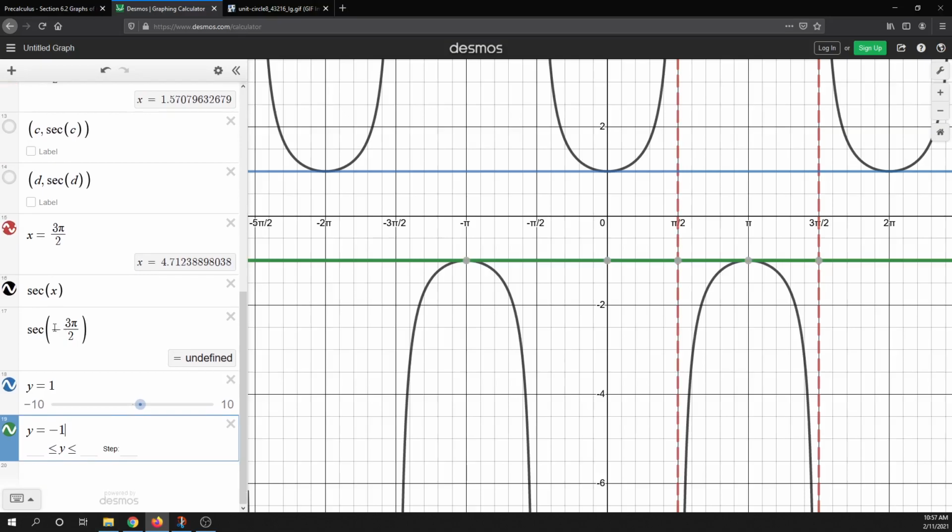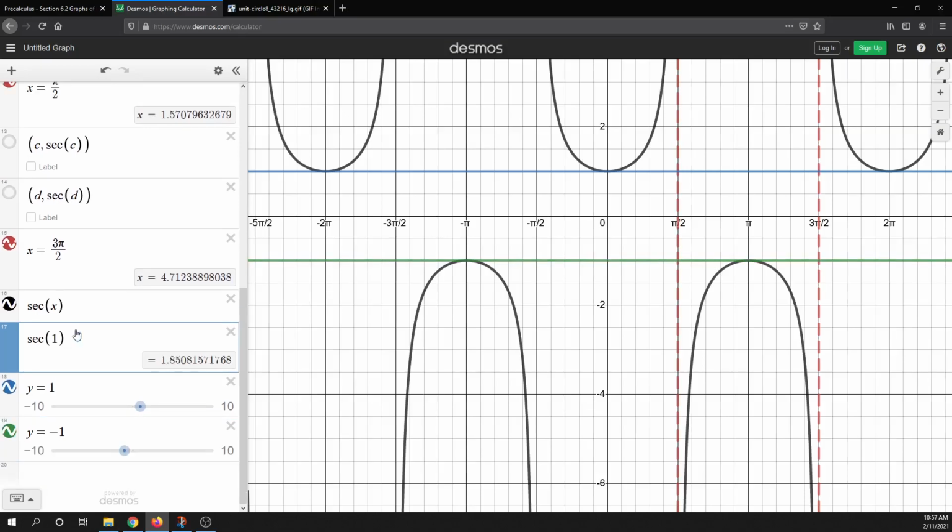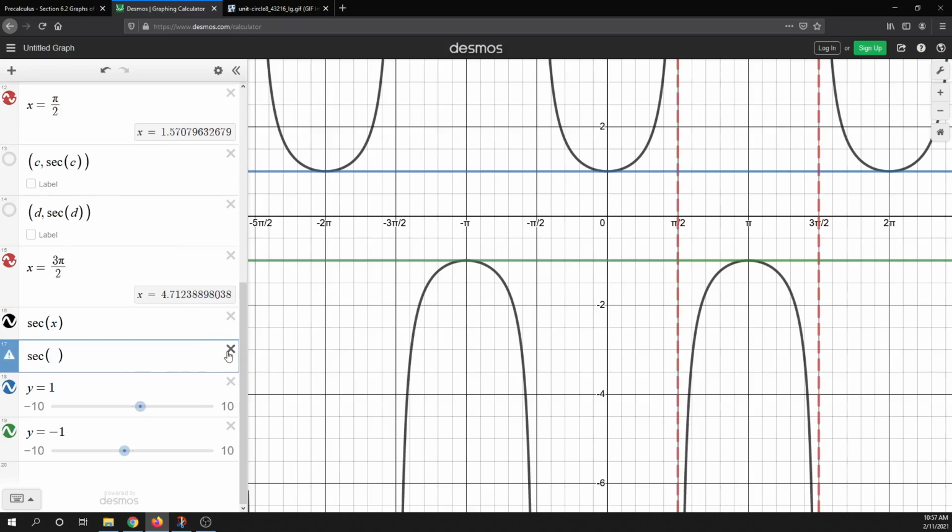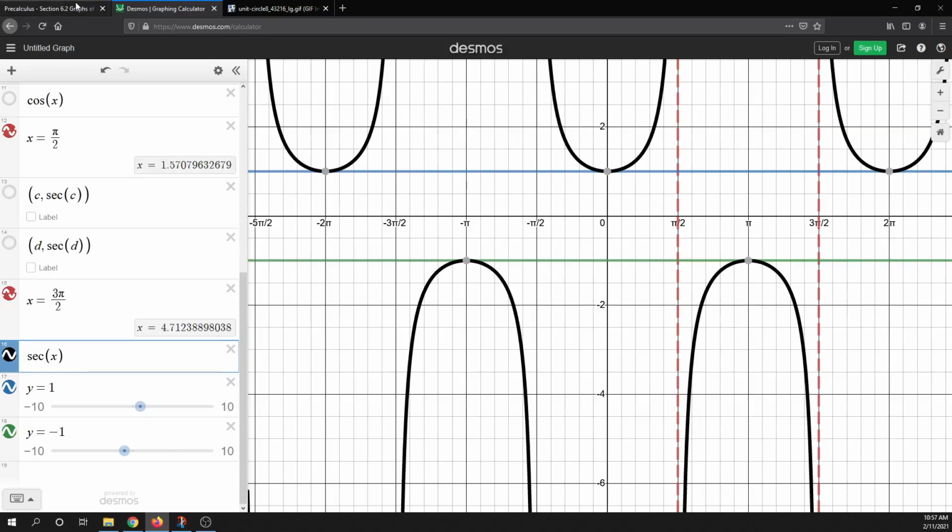Okay, so if I look at some of the outputs that I can get for the secant, you're going to see that they're all 1 or bigger, or negative 1 or lower. So that is the range of the secant function.